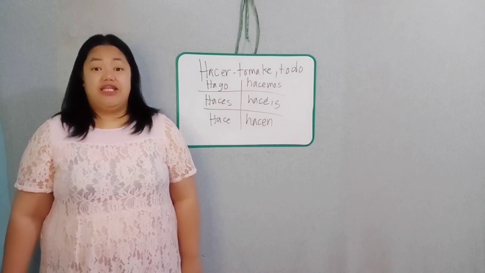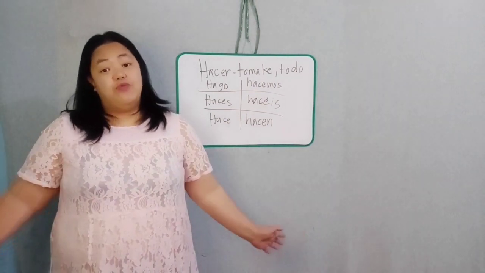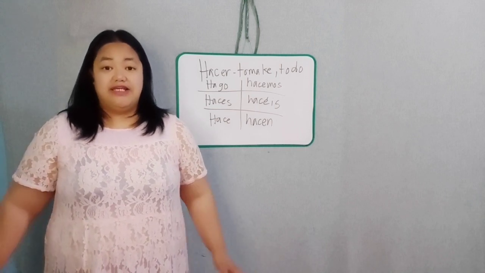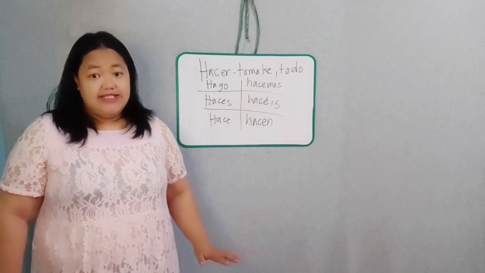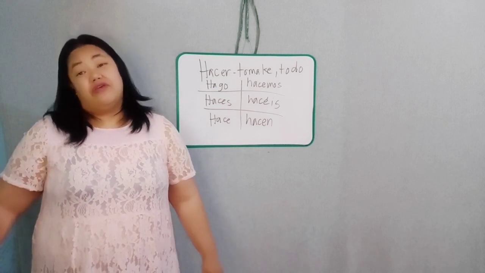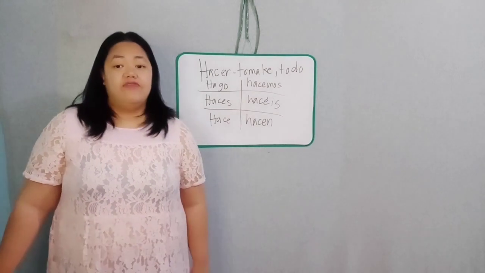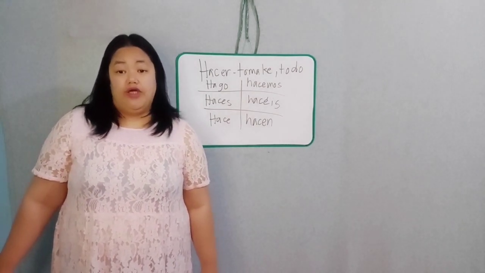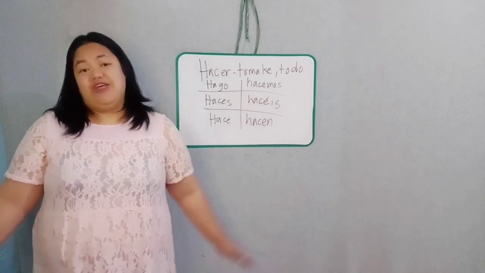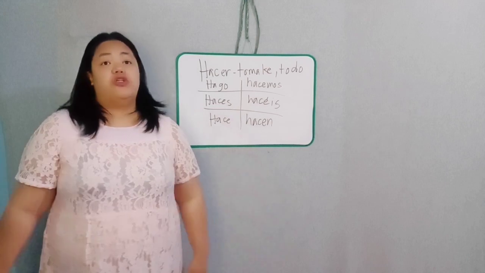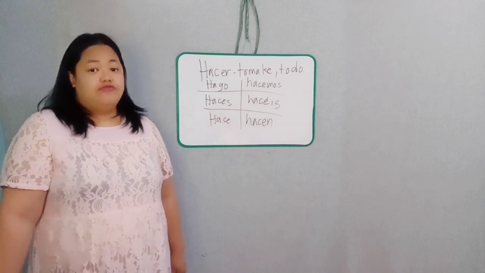Hace sol, it's sunny. Hace buen tiempo, it's a good day, or it's a nice day. We have hace mal tiempo, the weather is bad. We also have the expression hace buen día hoy, it's a nice day today. So that's the number one use of the verb hacer, which is weather.